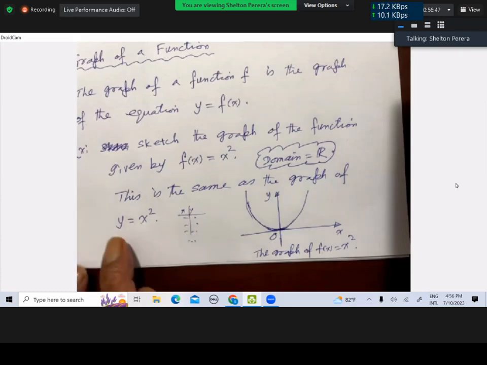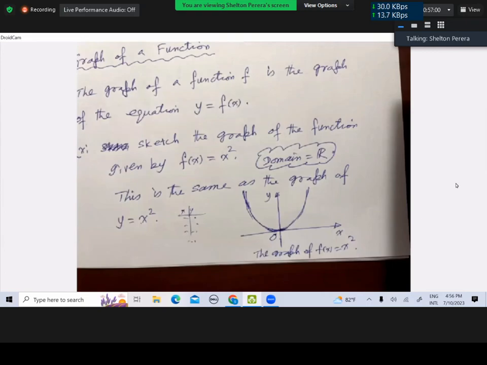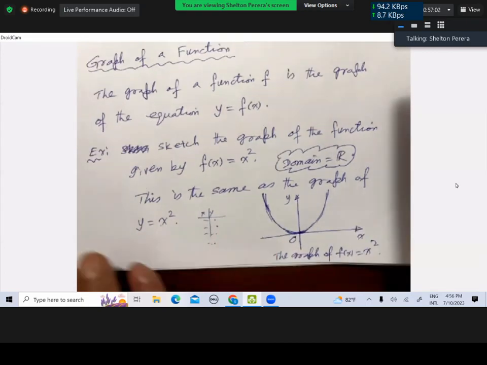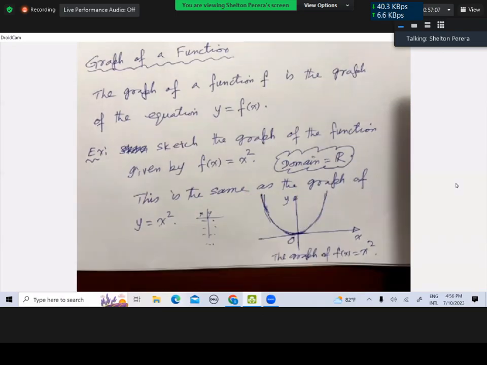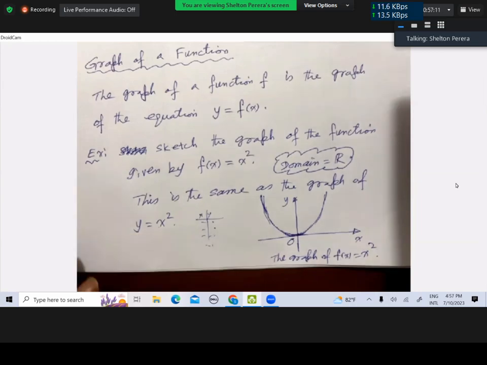We know how to do them. We did some elementary shapes. This is not a semicircle, this is a parabola, y equals x squared. So that's it. Now I can ask you to sketch graphs of various functions, because I did graphs of various equations last time.